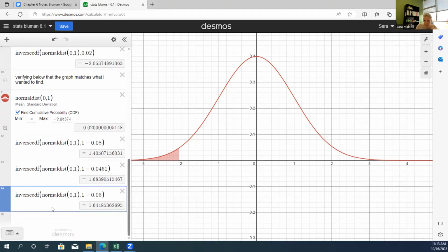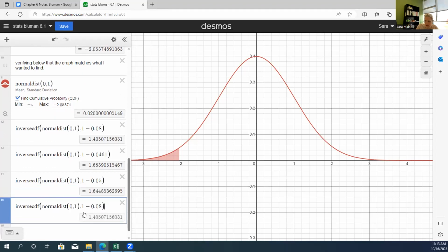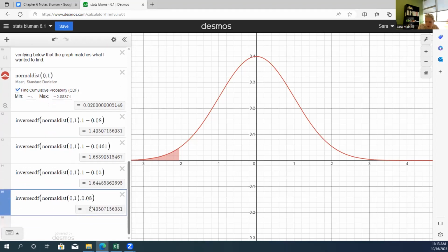And notice, because z is symmetric, that I can also just do 0.05. They're just going to be the positive and minus of each other. This top one right here is the area on the right, the positive z-score. And this one down here is the area on the left, or the negative z-score.